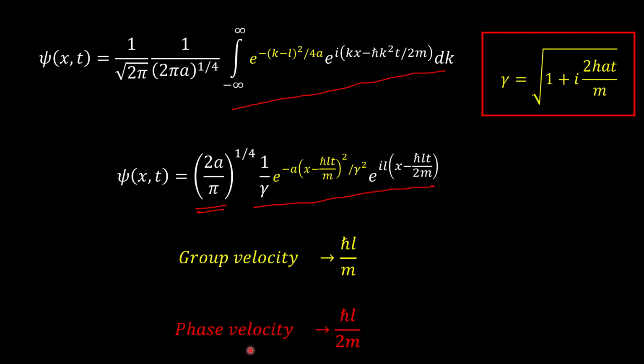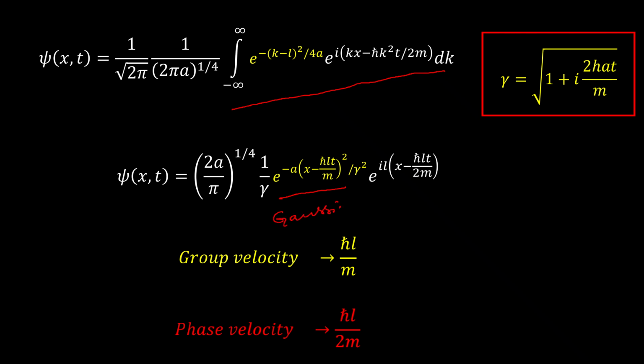So here you can find the group velocity. This is the Gaussian wave; this x squared whole squared is a Gaussian wave.